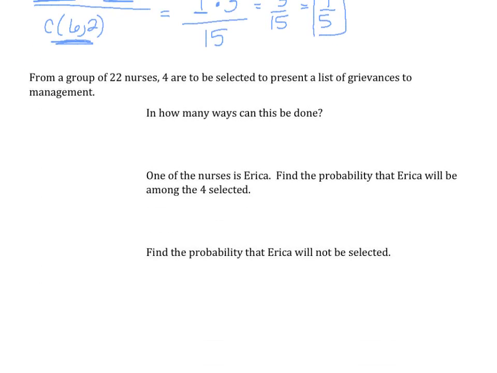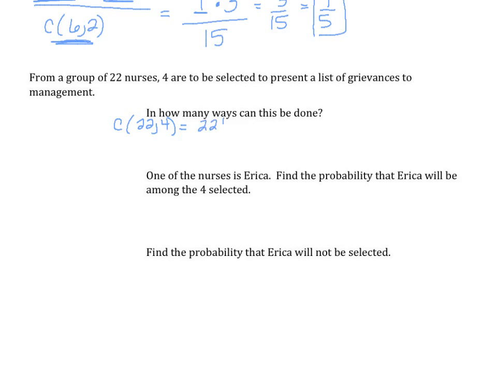From a group of 22 nurses, 4 are to be selected to present a list of grievances to management. It doesn't say in any particular order, so we just want to see how many choices we have. So if I have 22 nurses and I choose 4, we'll have to use our rule.